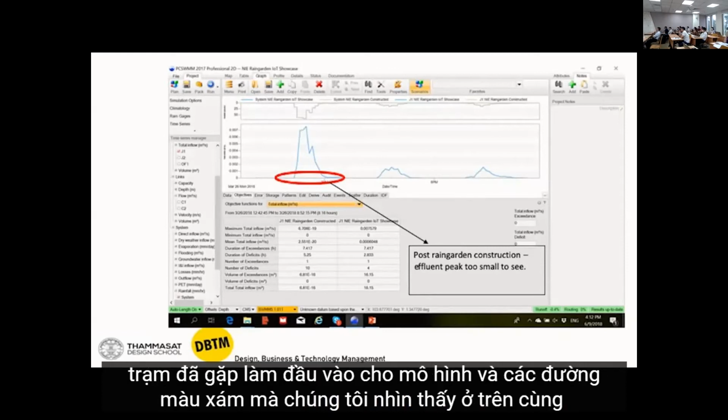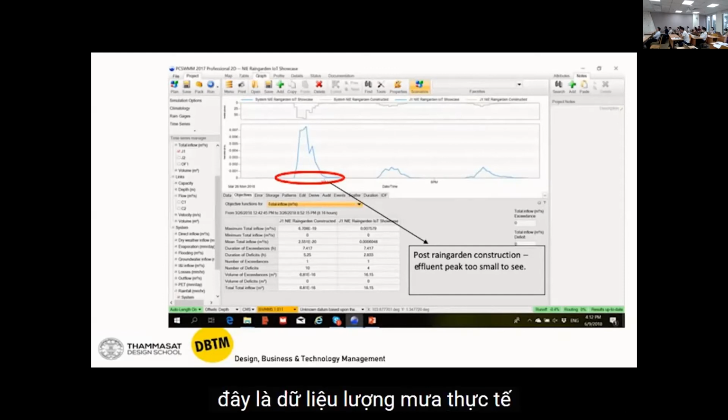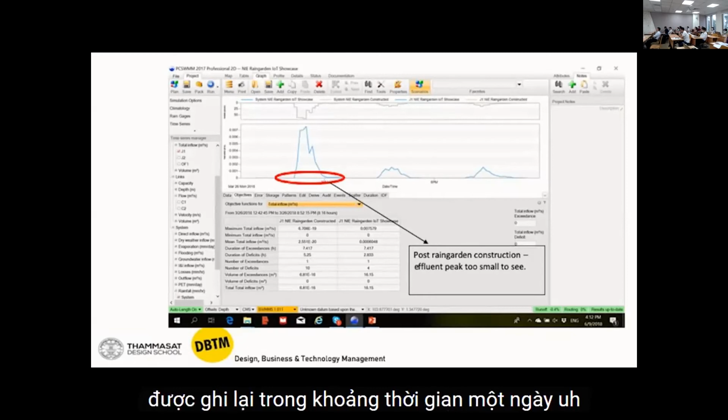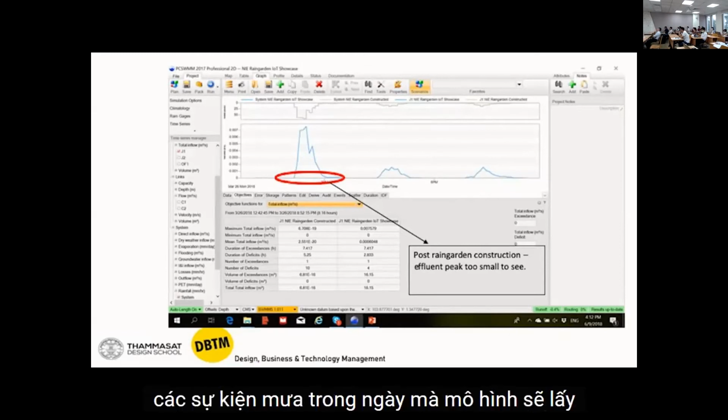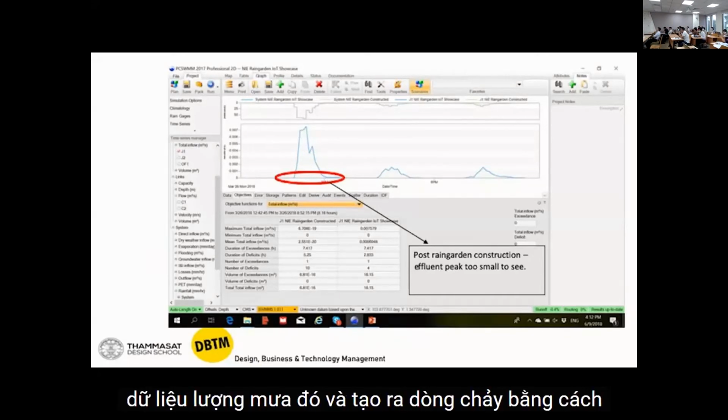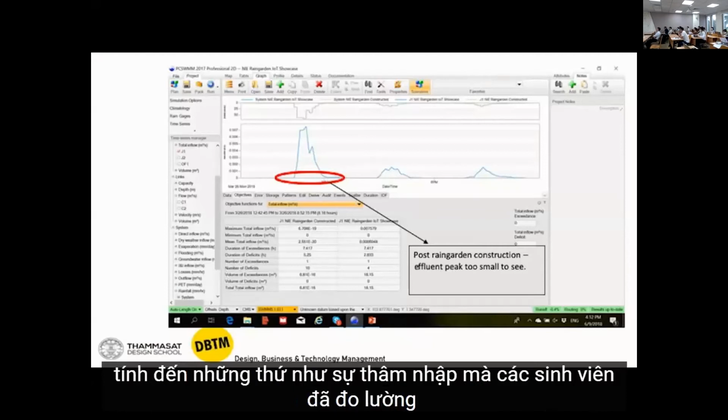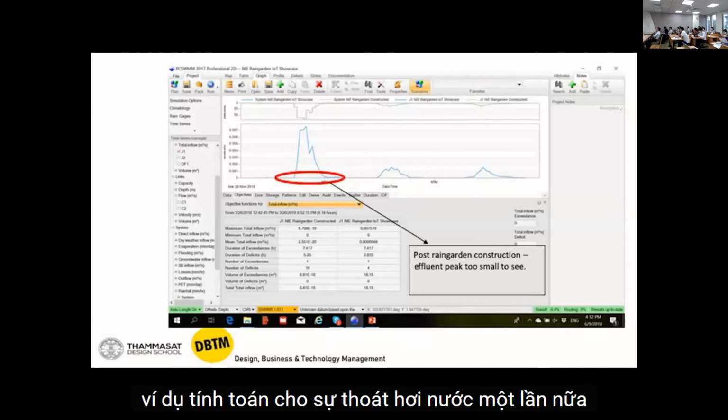And the gray line that we see up top here are the actual rainfall data that were recorded for a one-day period at our Met Station. So we see that there were actually 3 storm events, 3 rainfall events through the day. The model then takes that rainfall data and produces runoff by accounting for things like infiltration, which the students have measured, for example, accounting for evapotranspiration, again, which the students had measured.